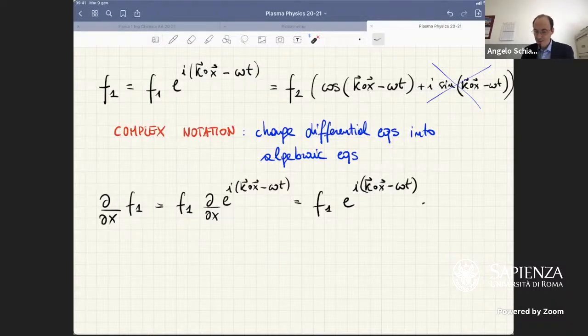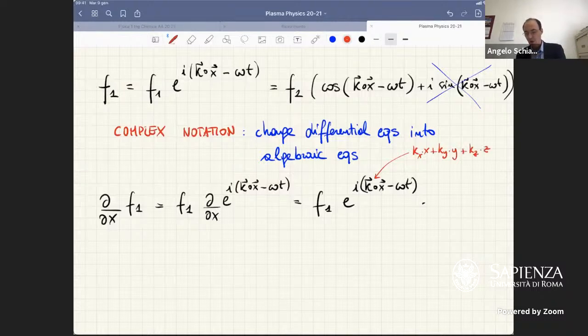We write it out for the first and last time: k·x means kx times x plus ky times y plus kz times z, the three components of the wave number times the three components of the position.